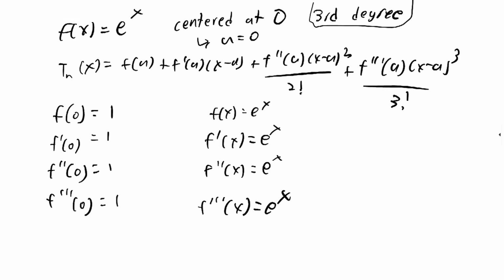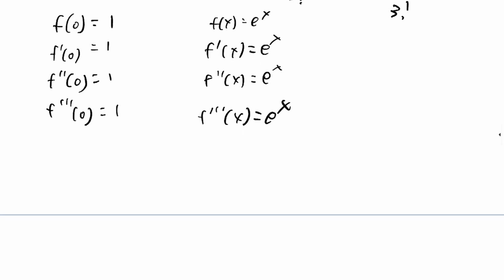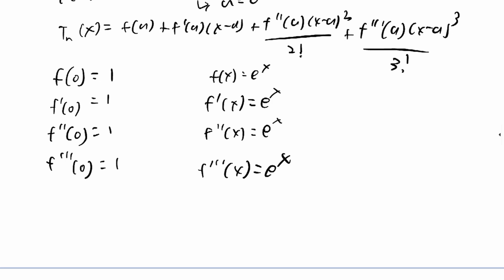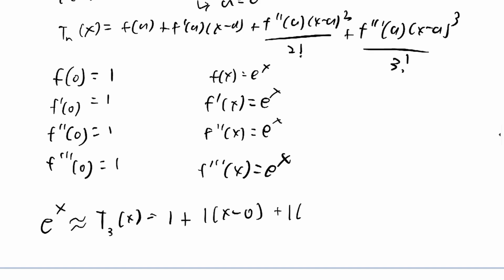So let's plug it in to the formula. We have f of a, which is 1, so e to the x is approximately the Taylor polynomial to the third degree, which is equal to 1 plus 1 times x minus 0, plus 1 times x minus 0 squared over 2 factorial, plus 1 times x minus 0 cubed over 3 factorial.